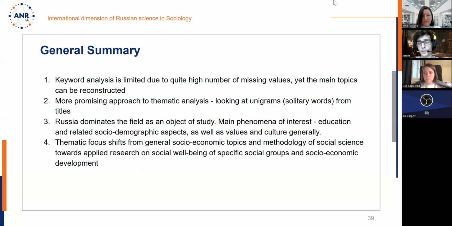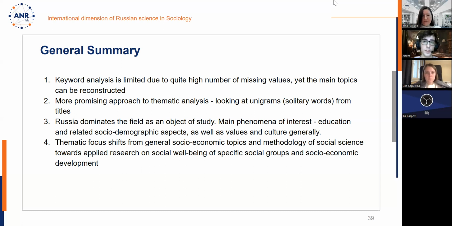Thematic focus, if we take a look at the chronological evolution of the field, tends to go from socioeconomic topics and methodology of social science, which was particularly popular in the 90s. The focus shifts towards more applied research on the social well-being of special social groups.